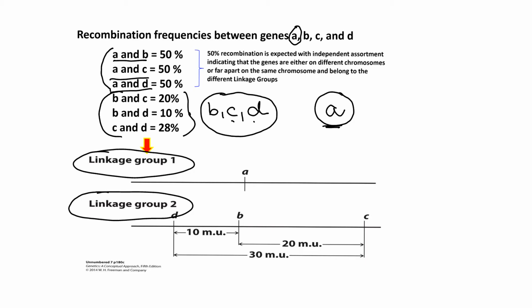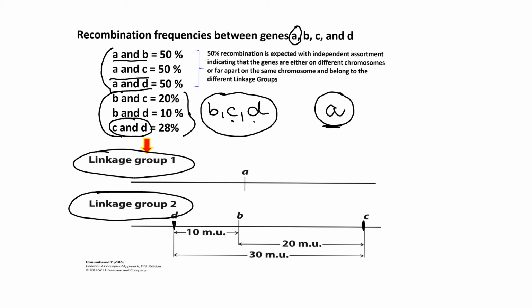You look first for two genes which are farther apart, which have the highest frequency of recombination, and you see here it's genes C and D, which show 28% recombination frequency. So you know that genes C and D are farther apart, and therefore gene B will be in between them.